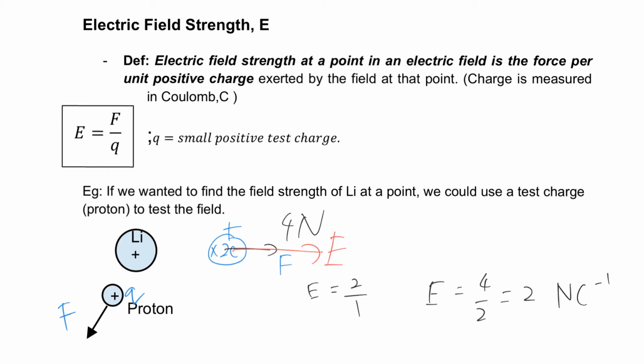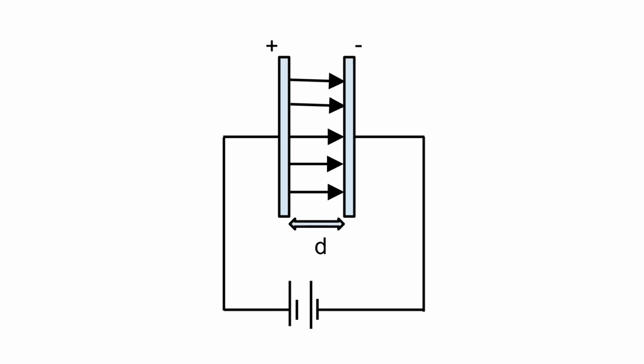Do you understand? Okay? So next we are going to learn the formula for field strength between charged parallel plates. So this is an example of charged parallel plates, and remember we said that the field between them must be uniform. So if they are uniform fields, then how do we calculate the field strength?